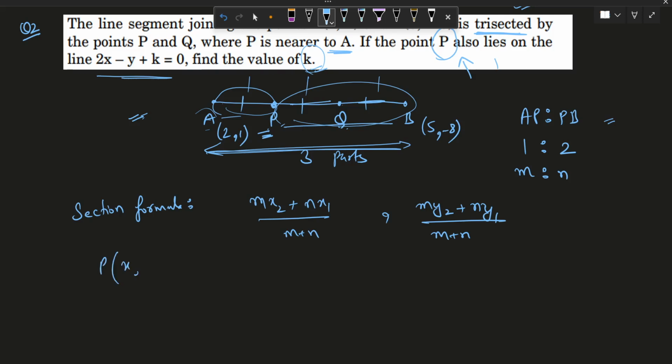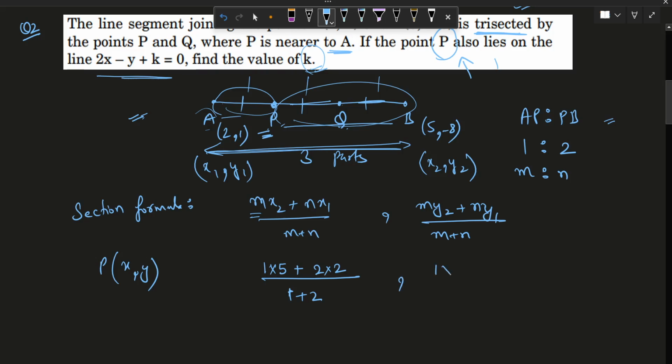I need to find out P. This is your x1, y1, A, which I'm taking, and x2, y2 is this B. So let's put the values in the formula. m is 1, so 1 into 5 plus 2 into x1, which is 1, over 1 plus 2.